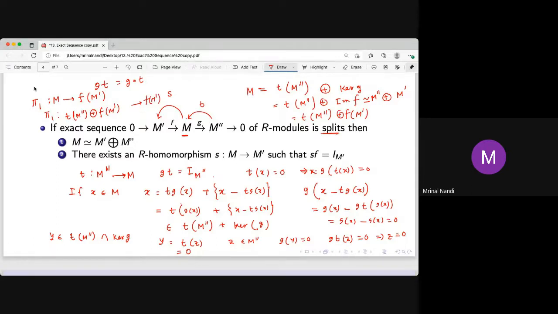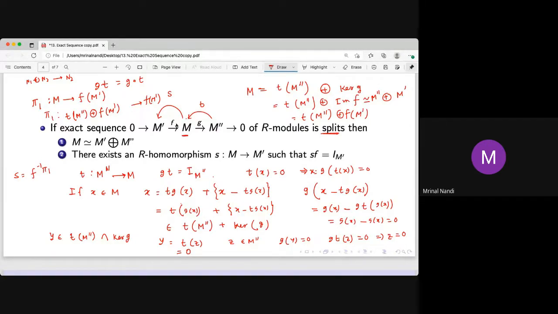You know that N1 direct sum N2 goes to N2 has a projection map, so 0 comma x comma y goes to y. So you take that projection map pi 1 and take S as the map F inverse pi 1. So we go from M to F M dash, then take F inverse.